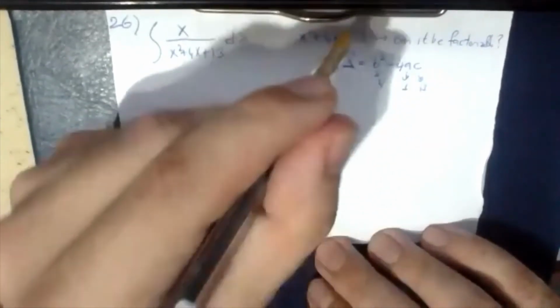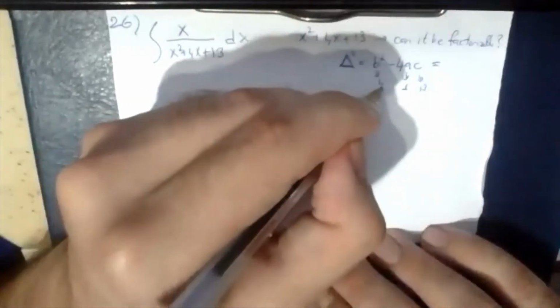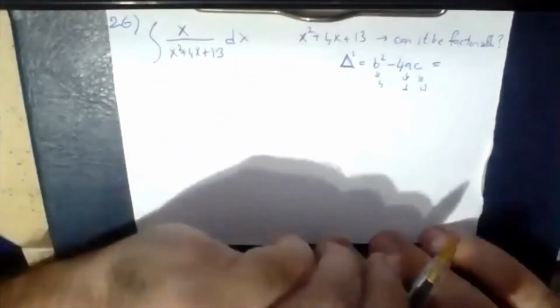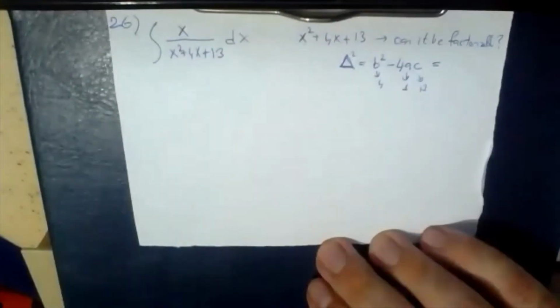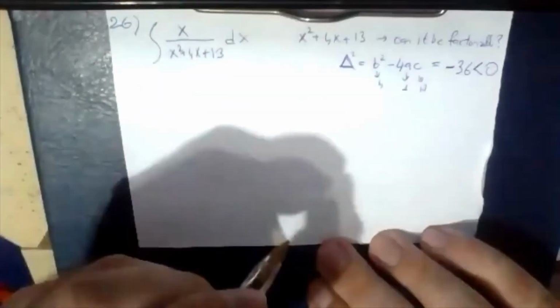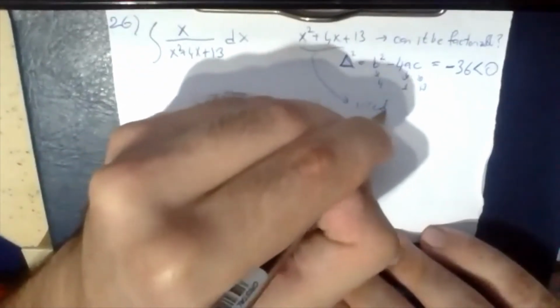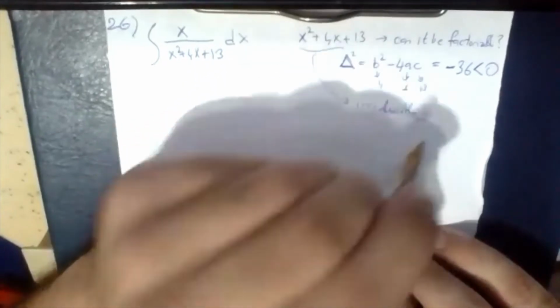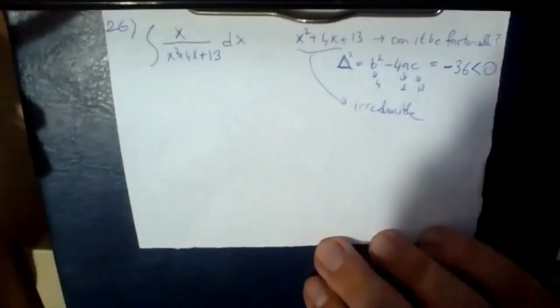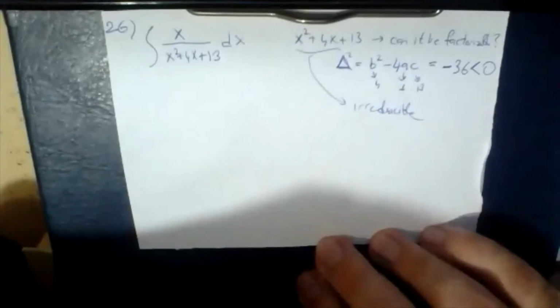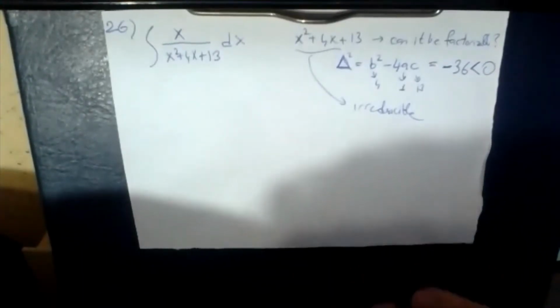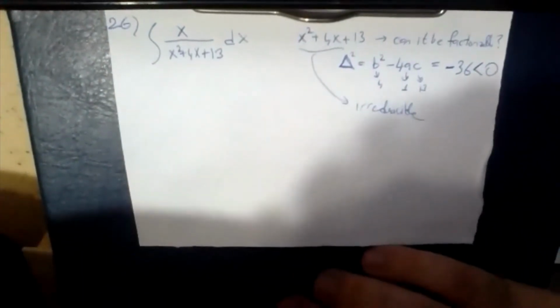The constant number. So it is equal to 16 minus 52. So it is minus 36. It's a negative number. So this polynomial is irreducible. What does it mean? We cannot factorize it. So we cannot solve it by using partial fraction decomposition.